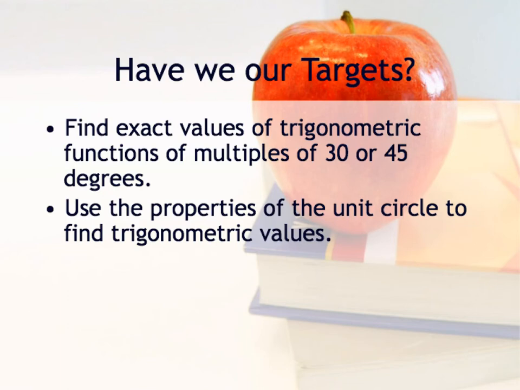We filled in our unit circle yesterday with all of those cosines and sines. We of course know that their tangents can be found by taking sine divided by cosine. We're also using the properties of the unit circle to find lots of different trigonometric values by just rotating around the unit circle, starting always at the point (1, 0).